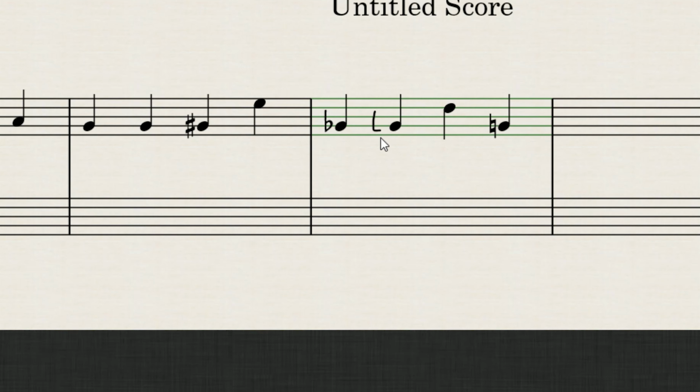Or if you wanted that one to be a regular G, you'd bring it there. Now, you notice when I did that, it took away that natural and placed it there. That's because once you hit G flat, you hit G natural. The natural does the same thing. It affects all of the same note within the same measure. So this brings this one even back to G natural.